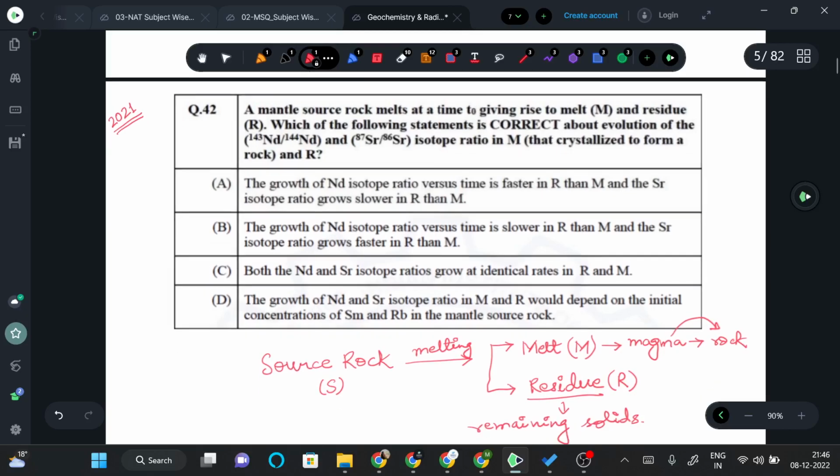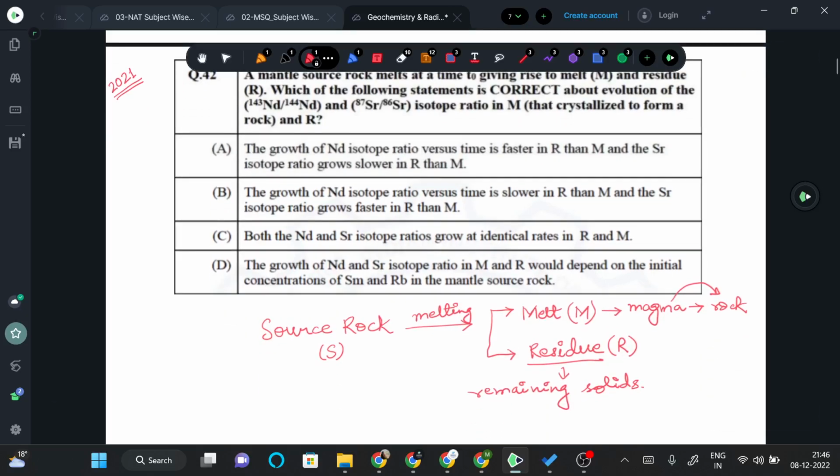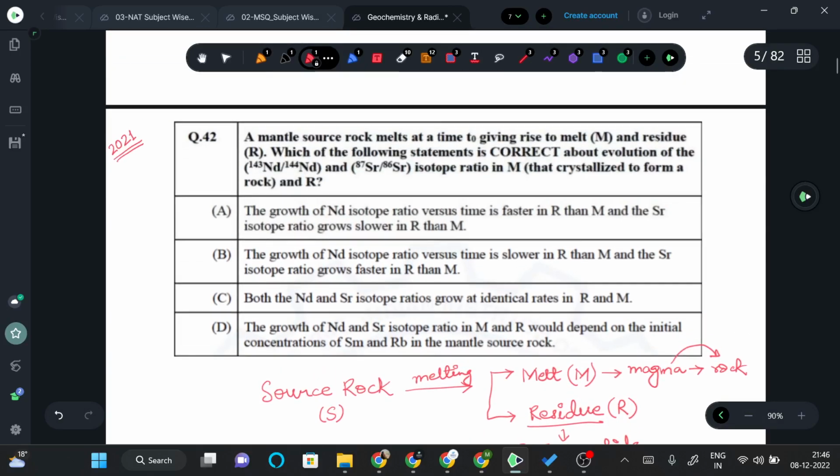Samarium 147 will give neodymium 143, and rubidium 87 will give strontium. So there is the Sm-Nd reaction and the Rb-Sr reaction. As you rightly mentioned, Sm gives Nd and rubidium, that is Rb, gives Sr. We won't focus on that reaction part as of now.